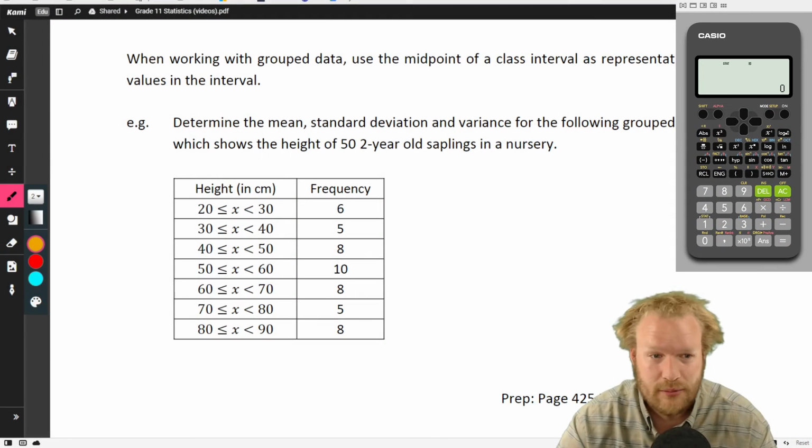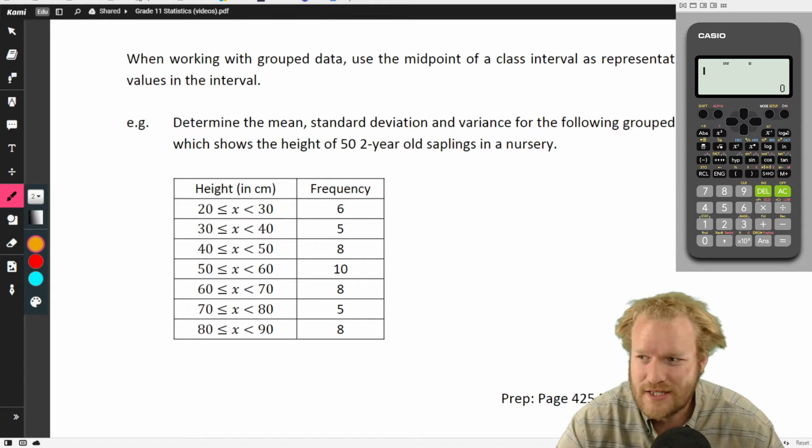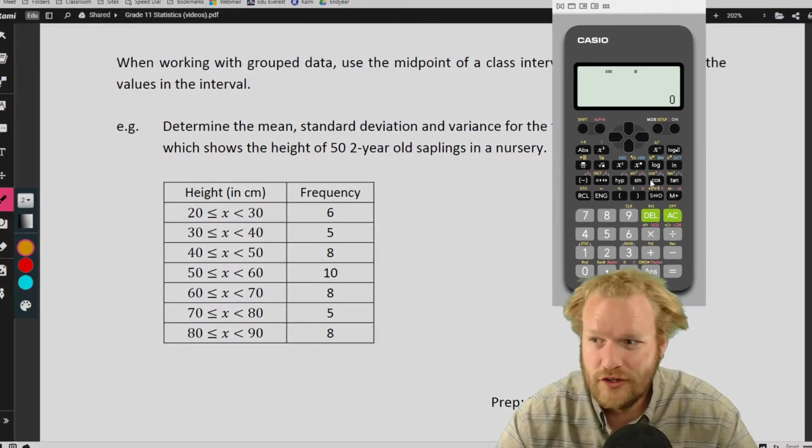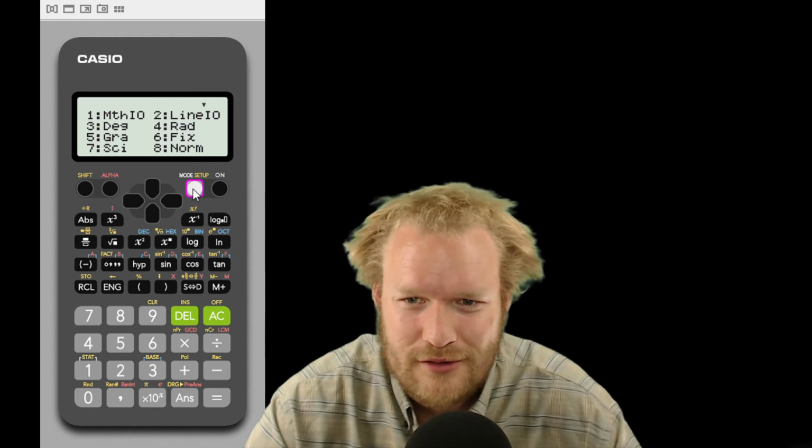Other interesting things are for the next example when we deal with frequency. So for this example here, when we deal with frequency on the calculator, how do we get that frequency part? So we need to go shift setup.